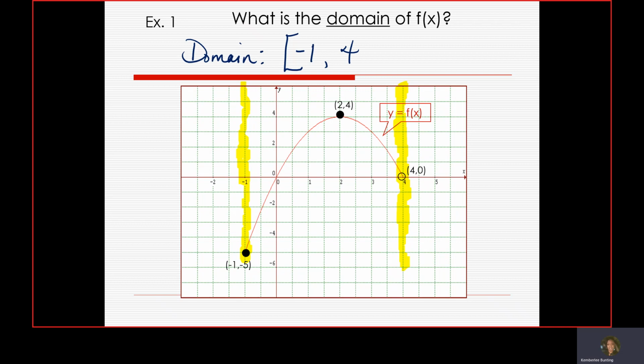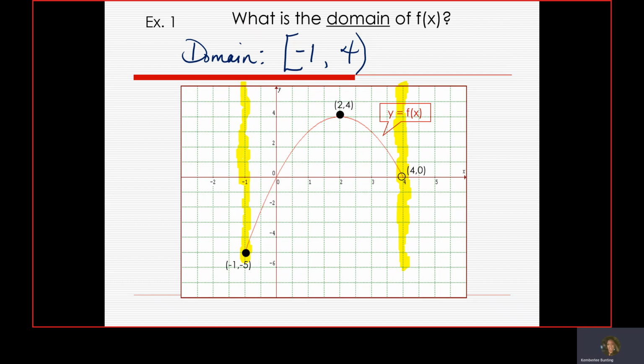Now go over to that last point, 4. It is the furthest most right point on this graph. Does it have an open dot or a closed dot? Open. So what should I put on 4? A parenthesis. Boom, done. That's my interval for my domain.